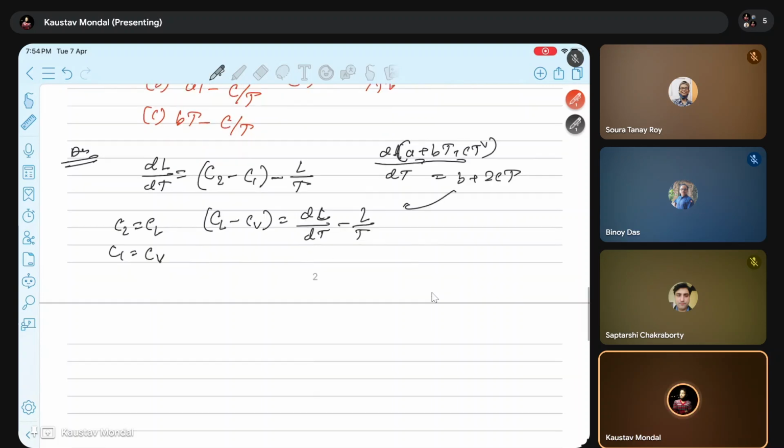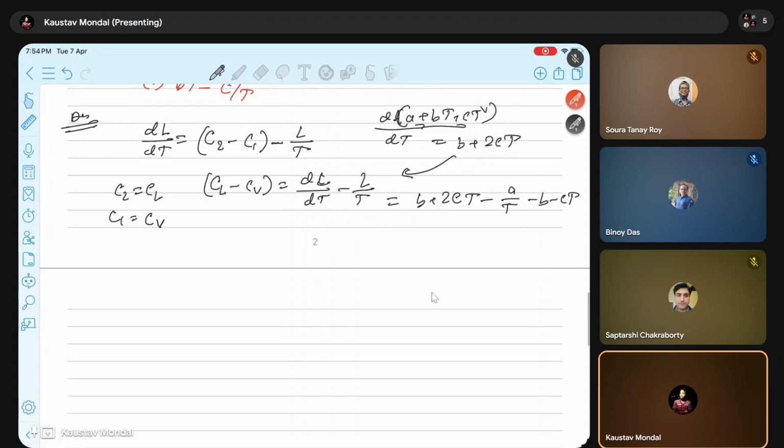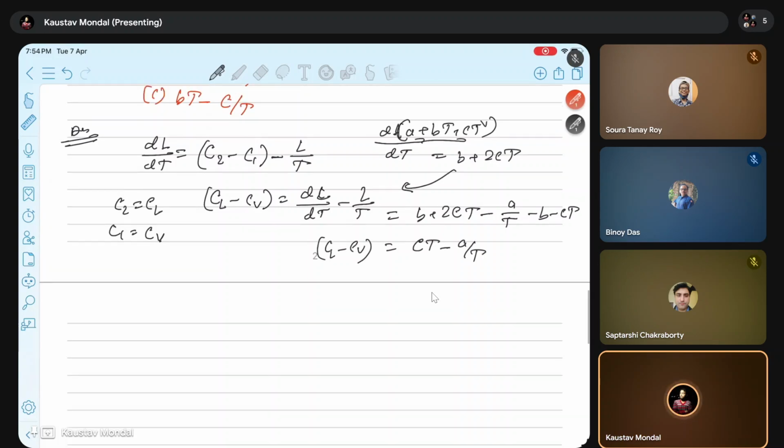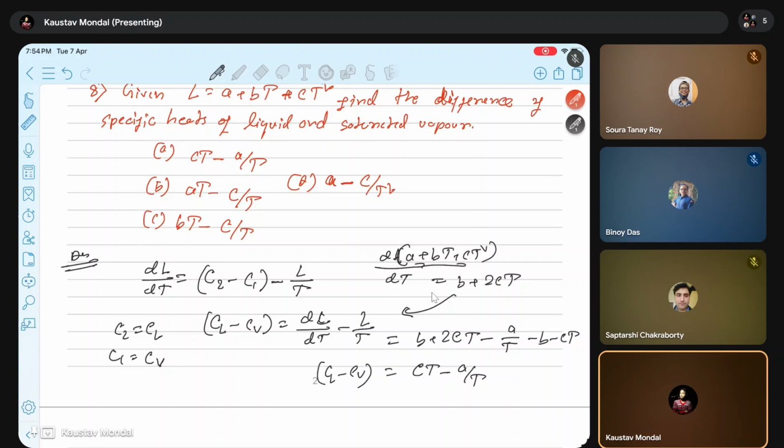So we substitute this here, it will become B plus 2CT minus L by T, that is A by T plus B, sorry, that will be minus B minus CT. So it will become CT minus A by T. That is Cl minus Cv. So the correct answer will be option A.